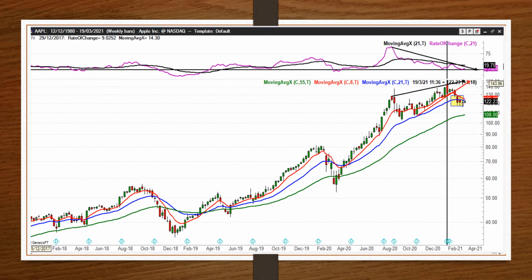What we're looking at here is a weekly chart of Apple, and it's always interesting to see how weekly charts clean out a lot of the noise from the daily chart. But you can see the condition is the same. We've got a high in price unmatched by a high in the rate of change. Put on our trend line.